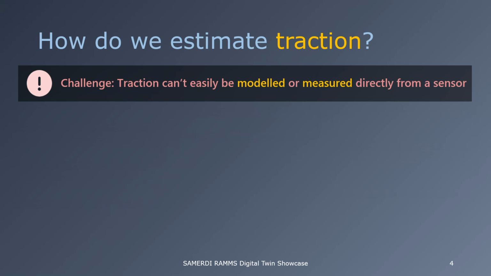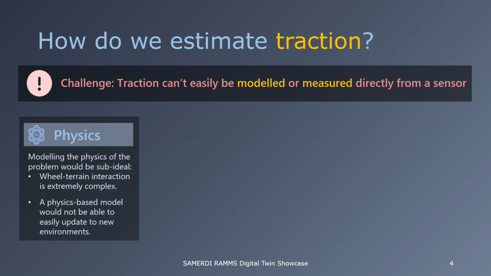Well, firstly, traction is very difficult to model, especially for skid-steered vehicles where the main mechanism of steering is skidding. So how do you model this? And secondly, we can't directly measure traction from some sensor. It would be very nice, but no such sensor exists, unfortunately.